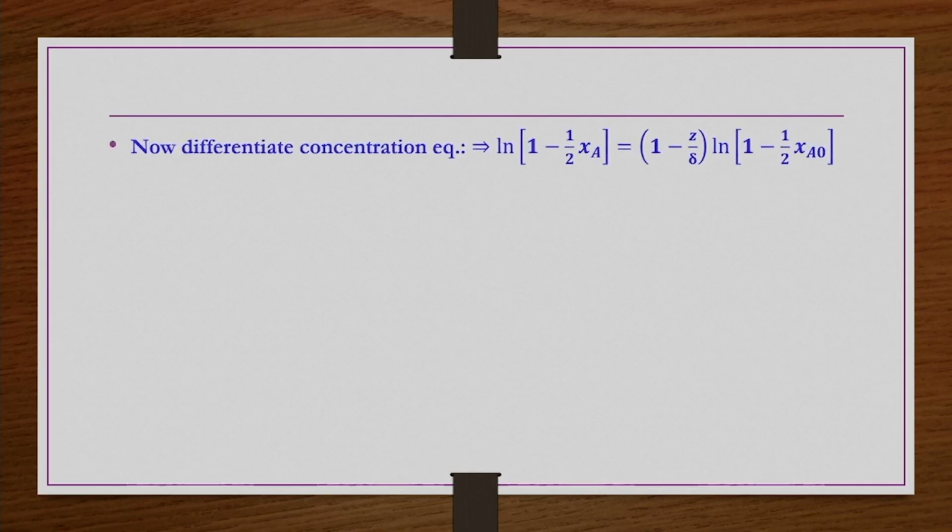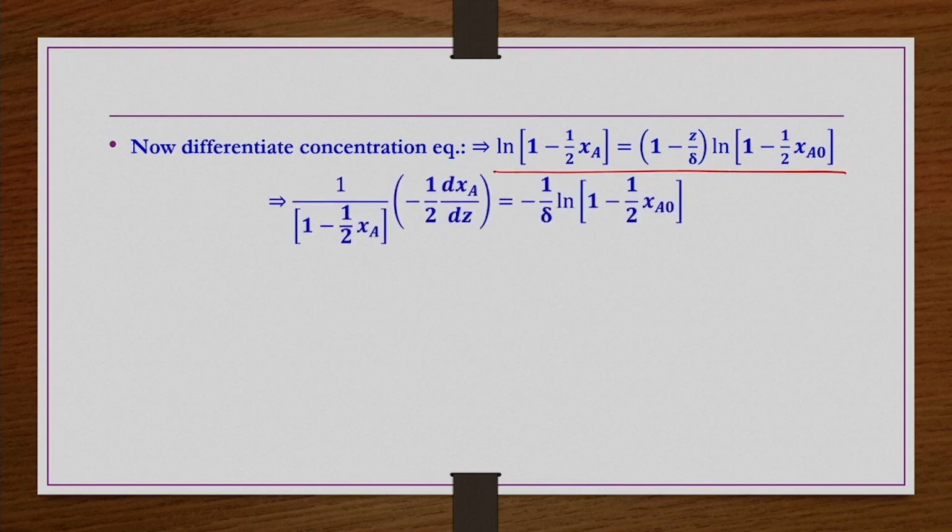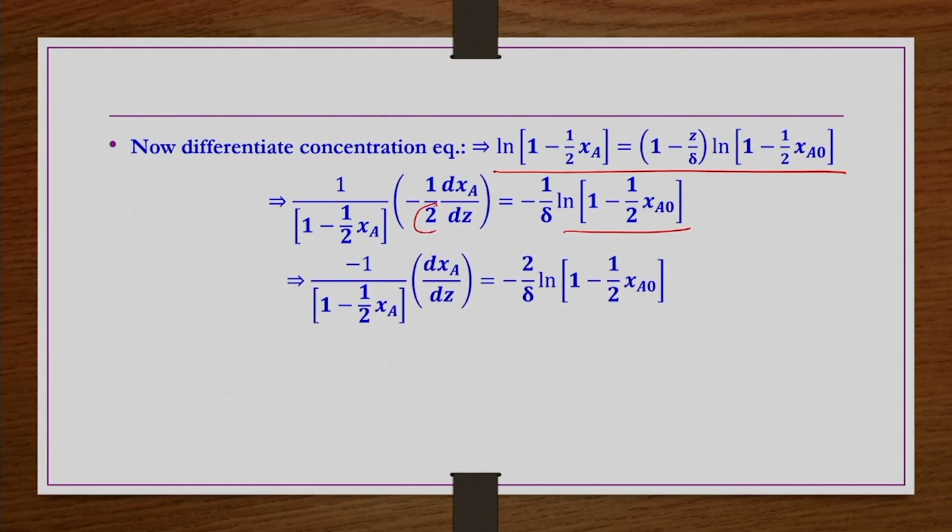So, then what we have to do, this concentration profile equation we have to differentiate with respect to z, then we get 1 by 1 minus 1 by 2 xA times minus 1 by 2 dxA by dz is equal to 0 minus 1 by delta ln of this, which is constant anyway. So, that means this 2 also if I take to the right hand side, minus 2 by delta ln 1 minus 1 by 2 xA naught I will get on the right hand side.